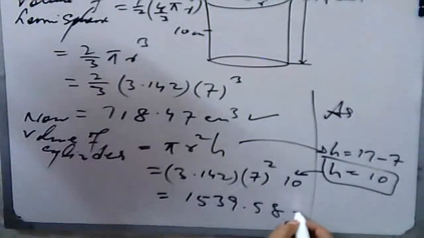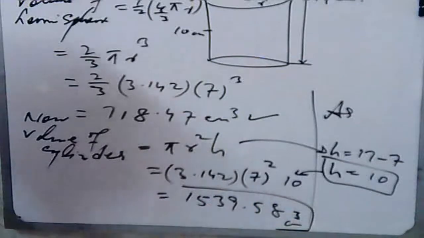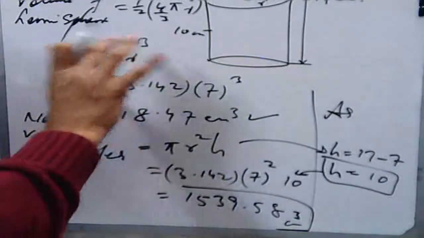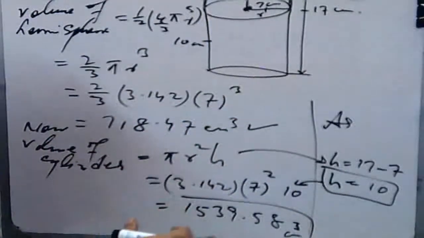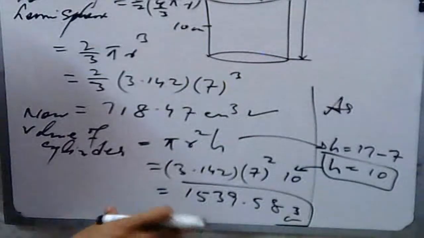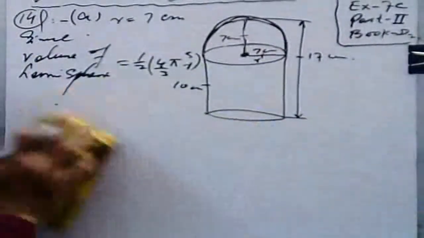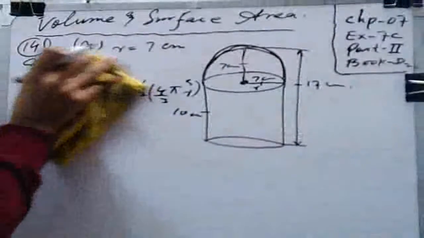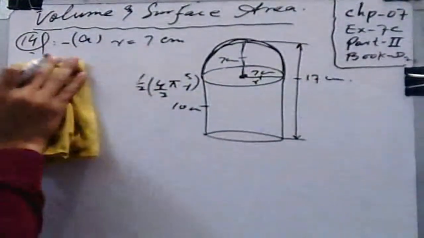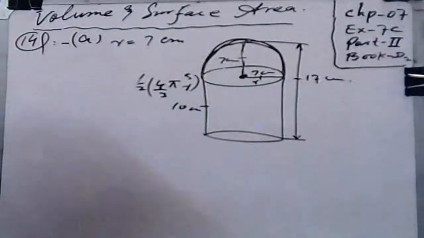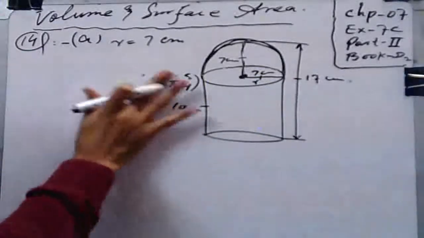First of all, volume of a hemisphere, then volume of a cylinder. So the total volume of the solid, you have to add both values.